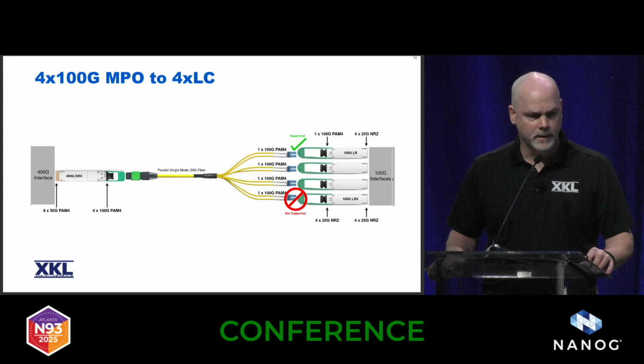And so, yeah, don't do this. You can't plug your tried and true low-cost 100 gig LR4 4 wavelength device into a 400 gig port. Don't be too concerned about the single wavelength stuff. The costs for those are extremely competitive.